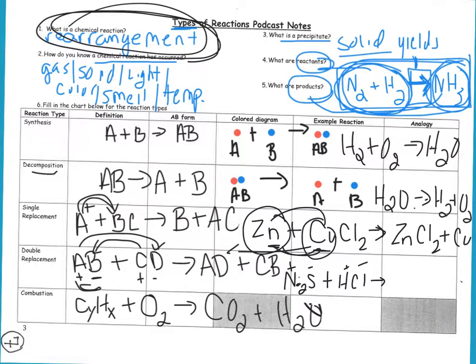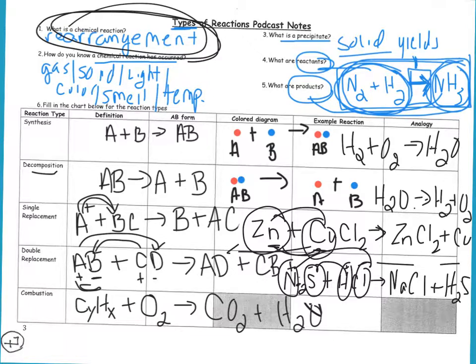Sodium sulfide, disodium sulfide, and I'm going to make sodium chloride and dihydrogen sulfide. And so the basic idea here is that you can recognize where the positive one has gone with this negative guy and this positive one has gone with that negative guy, and they form two separate species.